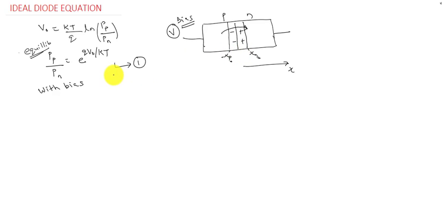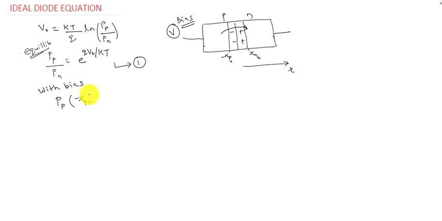So with the bias condition, the concentration is also changing. This equation 1 under bias condition, we can write it as PP, which is a majority carrier, and PN, which is a minority carrier.